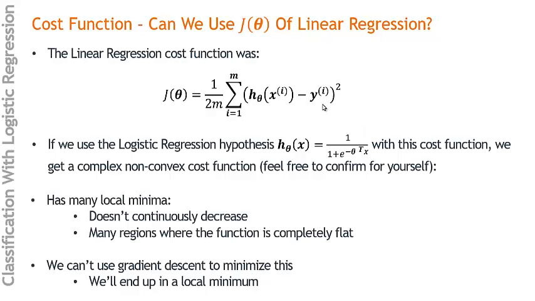Now one might think, well, we want our probability to be close to the actual determination, right? If the determination is 1, we want our probability to be close to 1. If the determination is 0, then we want our probability to be close to 0.